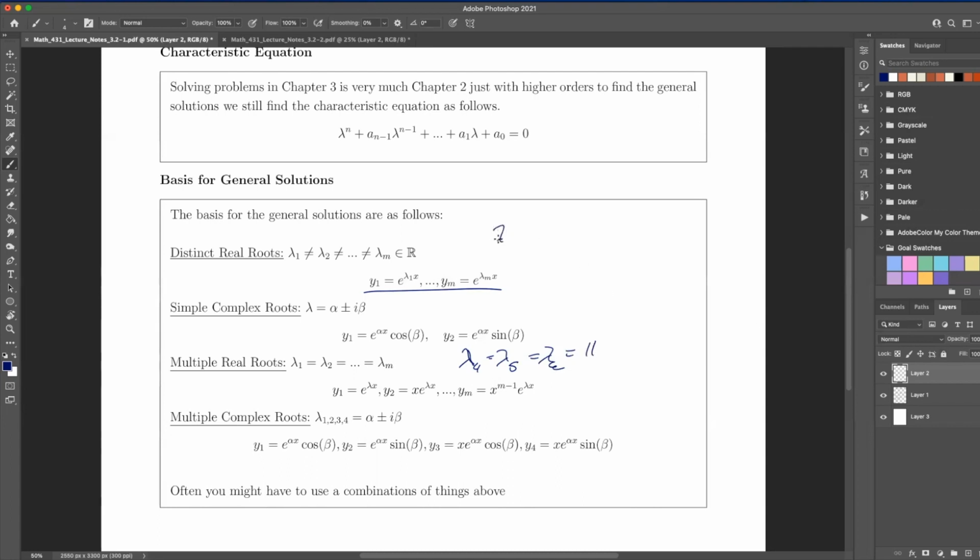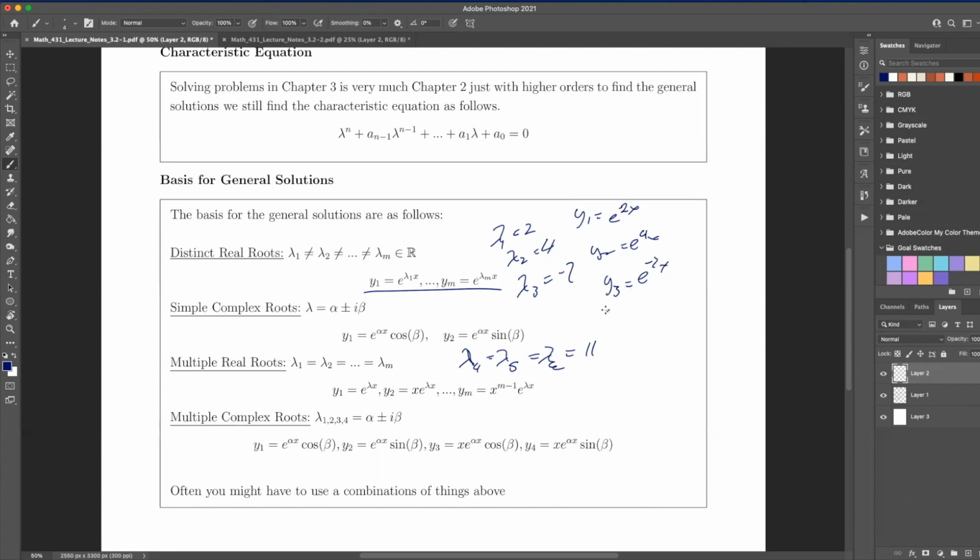And let's say I have lambda 1 is equal to 2, and lambda 2 is equal to 4, and lambda 3 is equal to minus 7. My solutions are y1 equals e to the 2x, y2 is equal to e to the 4x, and y3 is equal to e to the minus 7x.